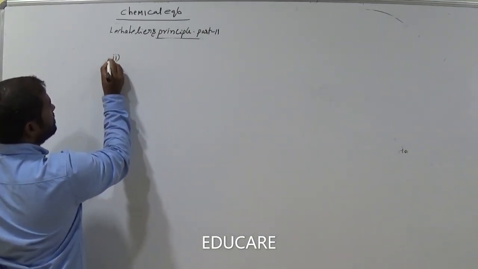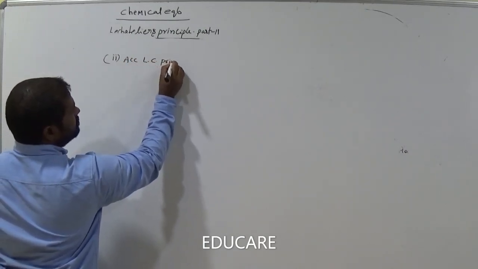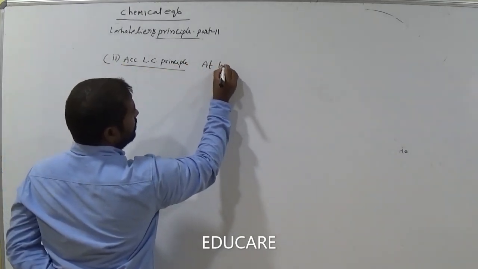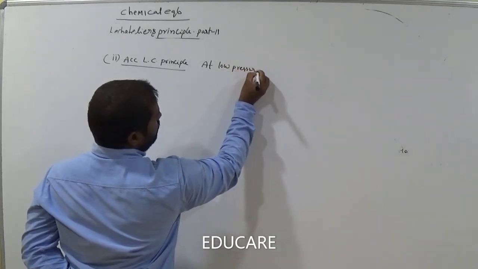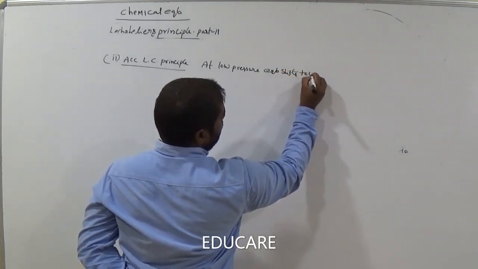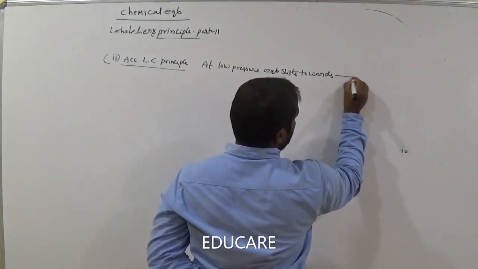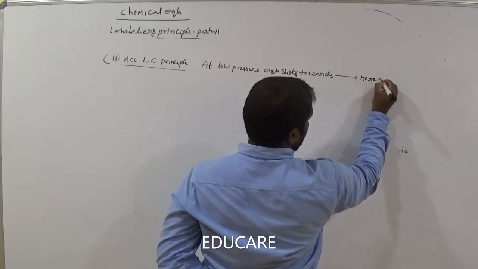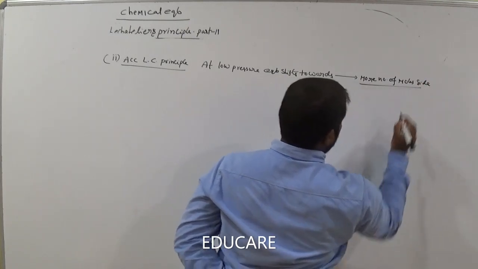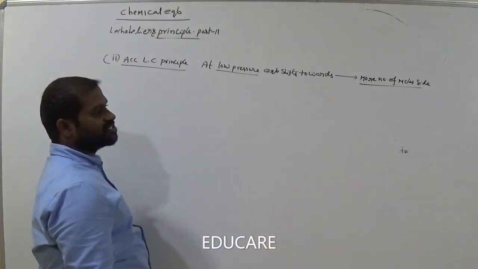Then the second statement, according to Le Chatelier's principle, is that at low pressure, the equilibrium shifts towards the more number of moles side.